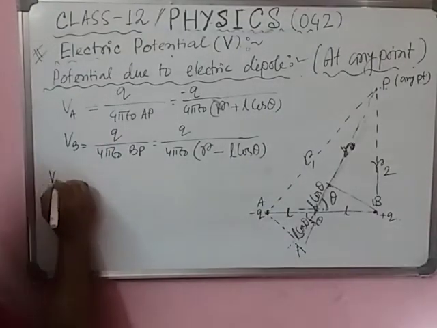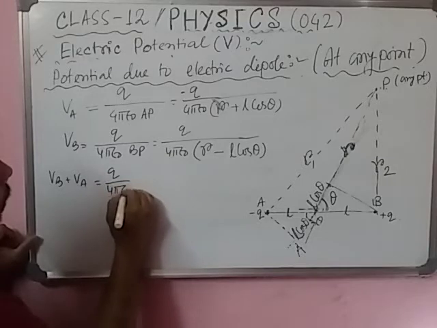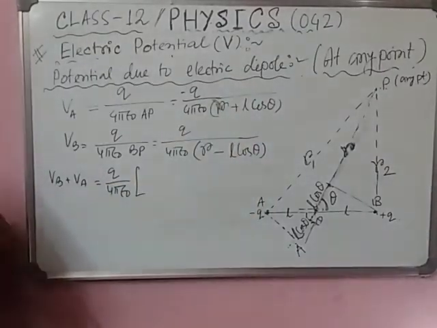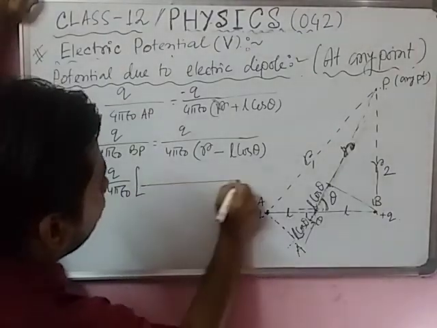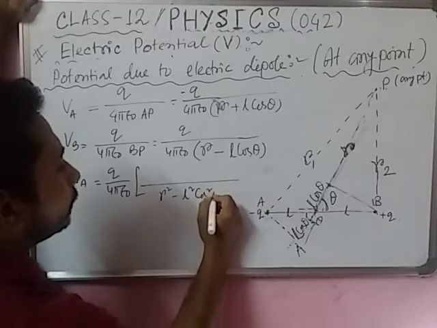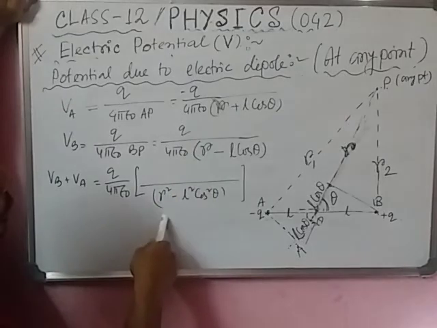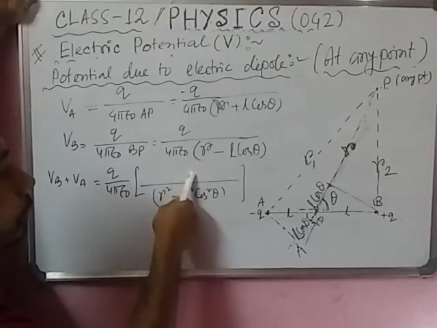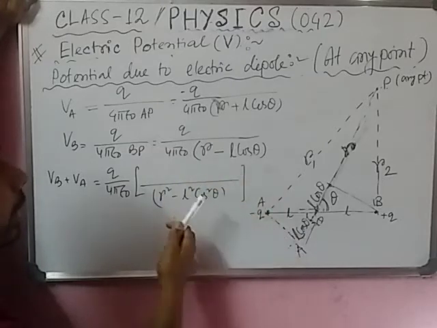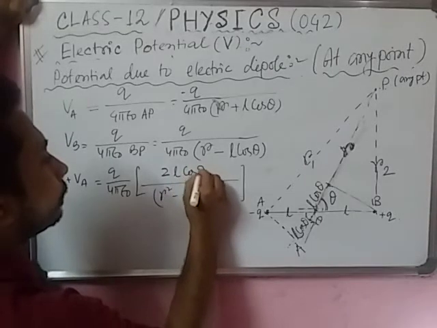So VB plus VA gives you Q by 4 pi epsilon naught times 1 by this minus 1 by this. Take the LCM, r square minus L square cos square theta. Then r minus L cos theta plus r plus L cos theta, so r cancels out, and we can write 2 L cos of theta. Am I right?